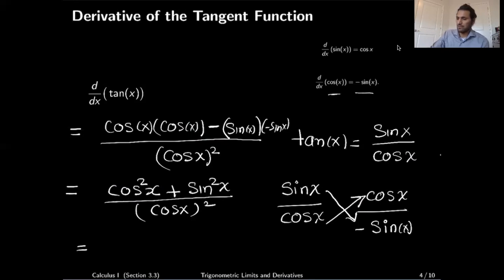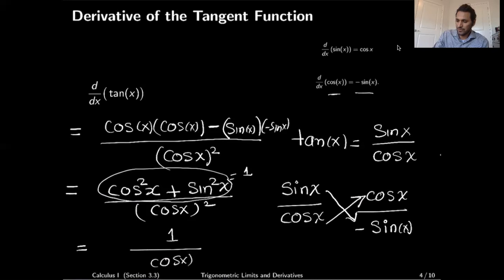And we know that we have one more trigonometric identity: the cosine square x plus sine square x is 1. So this quotient will become 1 over cosine of x, the square of that.